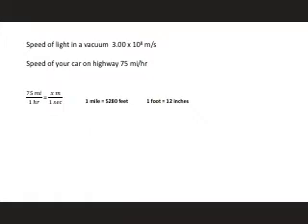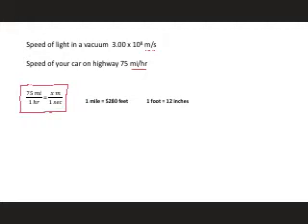We also use dimensional analysis when converting values with multiple unit types, like meters per second or miles per hour. In this example, we're going to compare the speed of light in a vacuum, which is 3.00 times 10 to the 8 meters per second, to the speed of your car on a highway, which might be about 75 miles per hour.